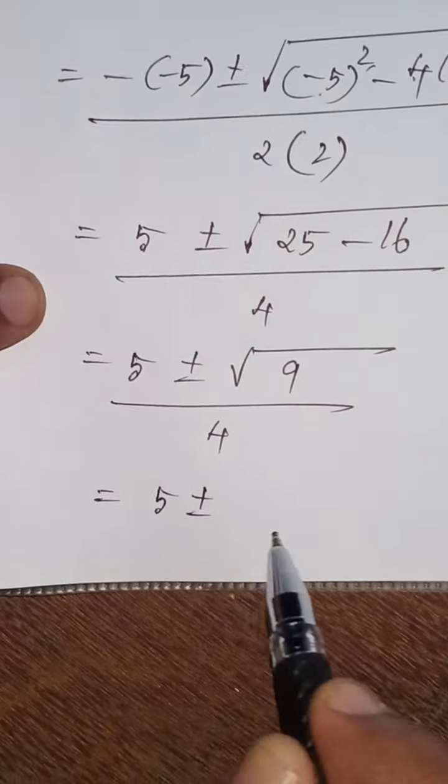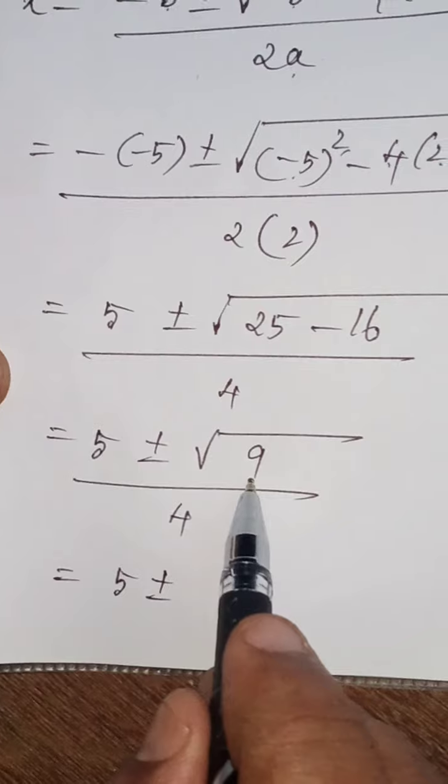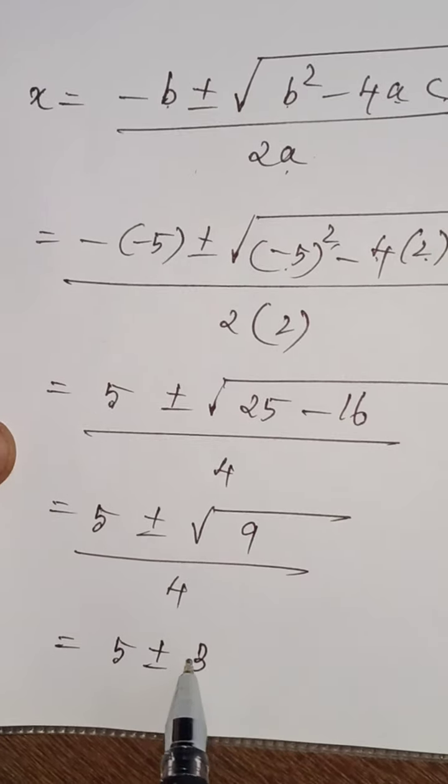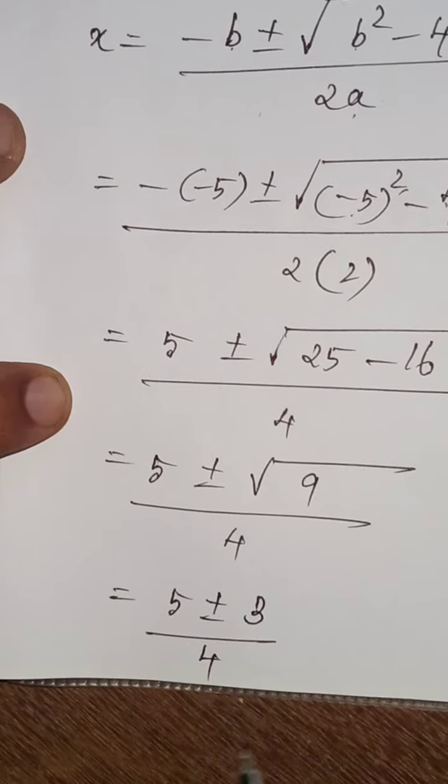5 plus or minus, 9 is a perfect square, therefore the square root of 9 is equal to 3, we can directly write, divided by 4.